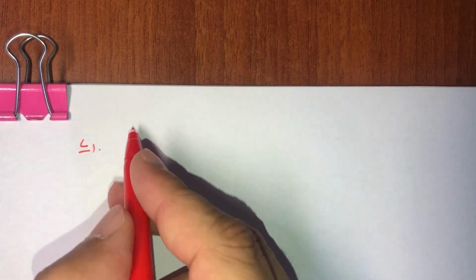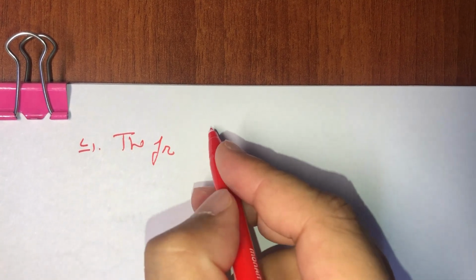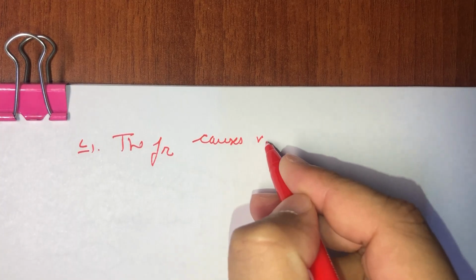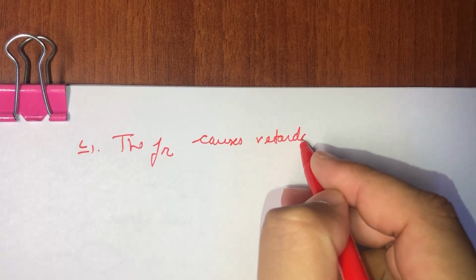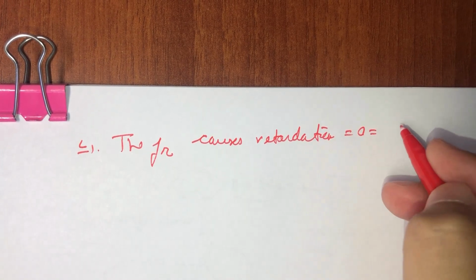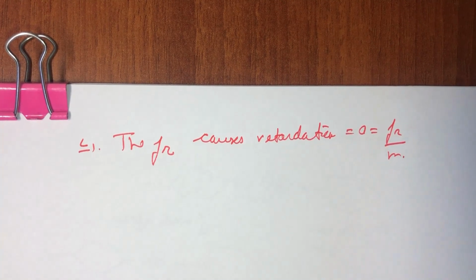Because of this frictional force, the disk will be in a retarding motion. So Fr causes a retardation. Let us suppose that is given as a, which will be equal to Fr divided by m.